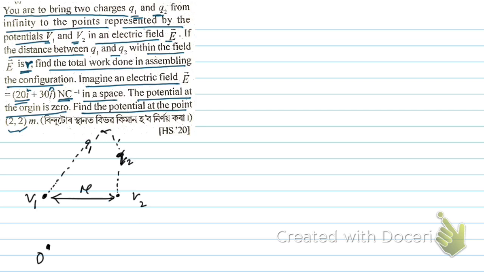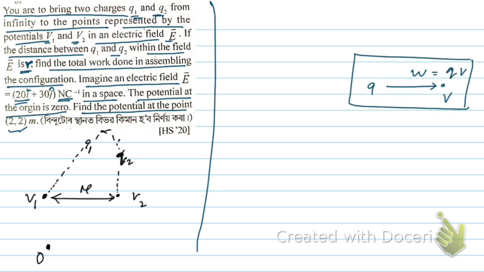Now, work done. If there is a point where potential is V and charge Q is being brought from infinity to this point, then work done is given by Q into V. You must know this, Q into V. This is the basic knowledge that you should have to solve this problem.